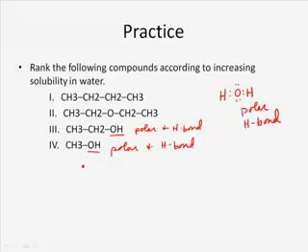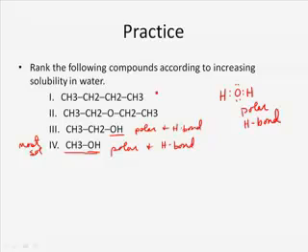The closer they are in size, the more soluble they're going to be. So we would expect that this one, the methanol, would be the most soluble. Okay, and then this would be next, here, the ethanol.